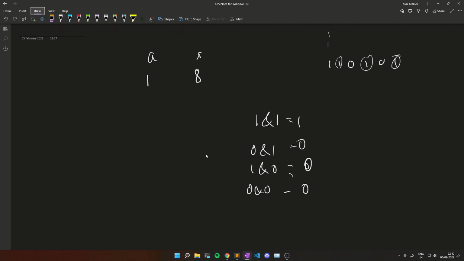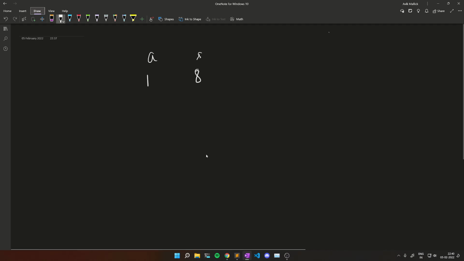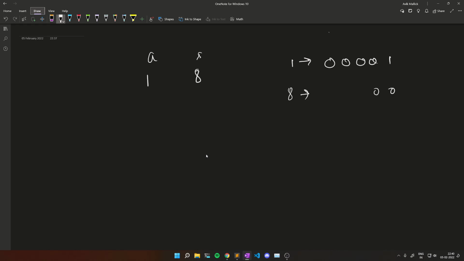Now let's say I put 1 as 00001 and 8 as 00010. Now this is for sure that x and y both will have 1 in their 0th bit, because this is the AND value and this is the sum value, and the AND value has 1.